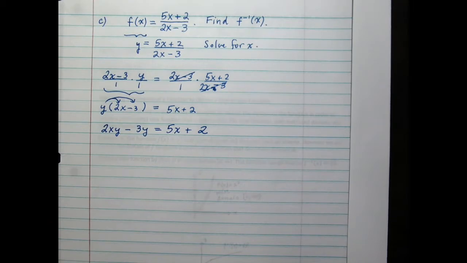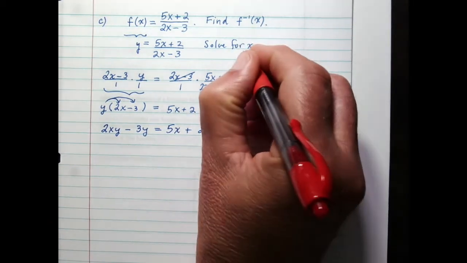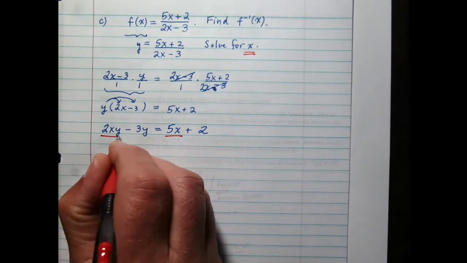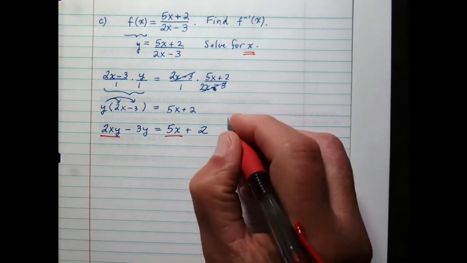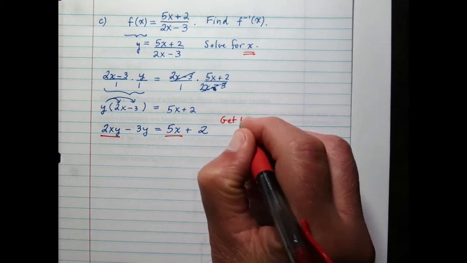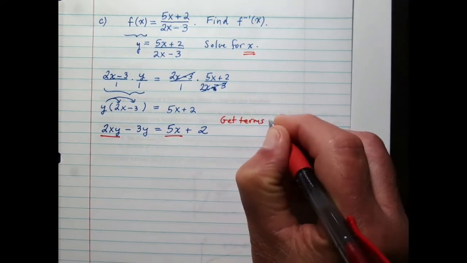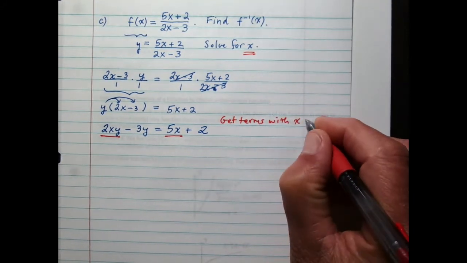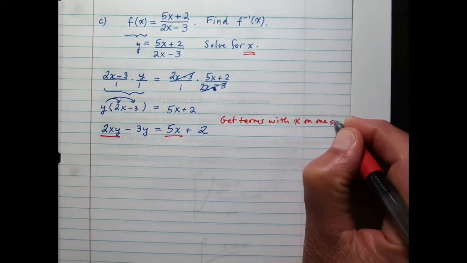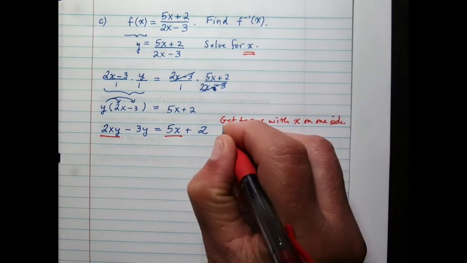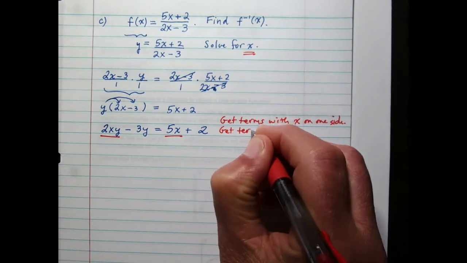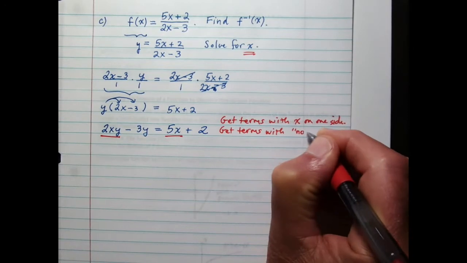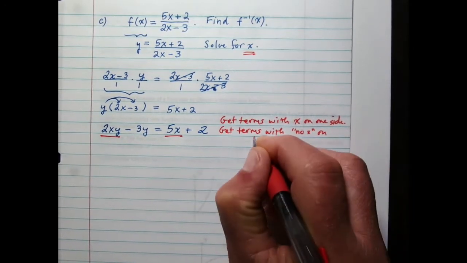Now, our goal is to solve for x. At the moment, we have an x here, and we have an x term here. So to solve for x, get the terms with x on one side and the terms with no x on the other side.